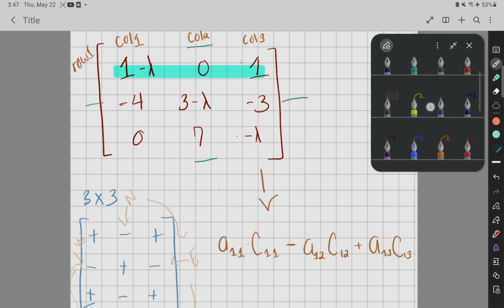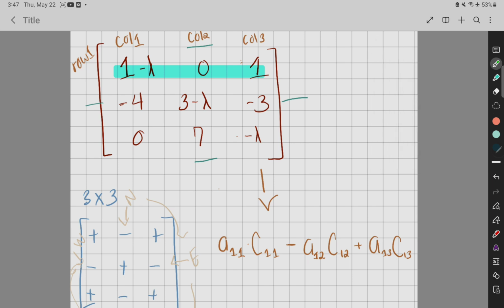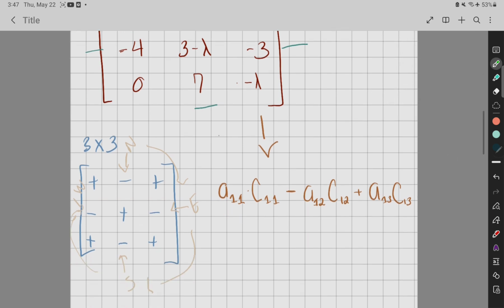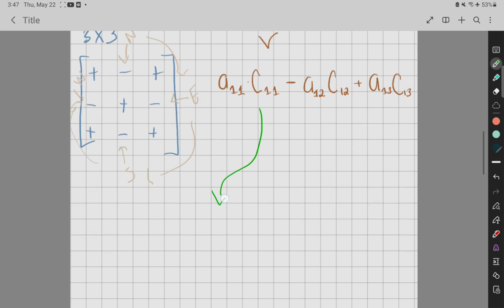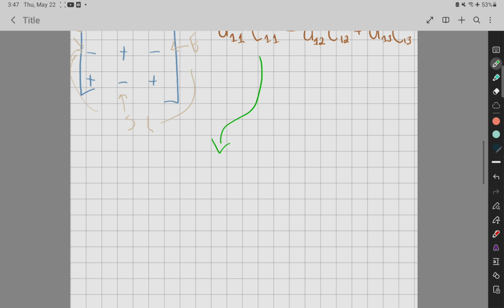So let me just go back to my colors. I like doing things in colors. Now all we have to really do is plug this in. We know that we're going by row 1, column 1. So I'm going to bring this over here so we can have more room.